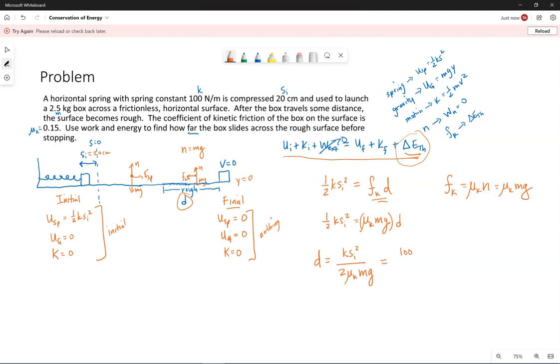So k is 100 newtons per meter. Our initial compression is 20 centimeters, but that needs to be in meters for our units to work out. The coefficient is 0.15. That does not have units. The mass of our box is 2.5. g is 9.8. So let me plug this into my calculator.